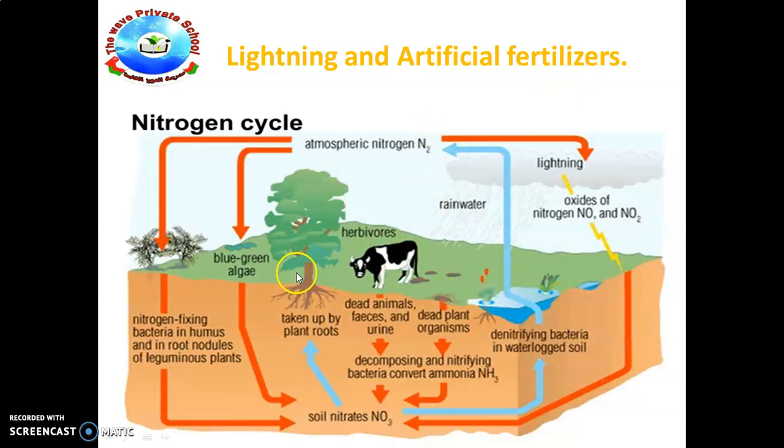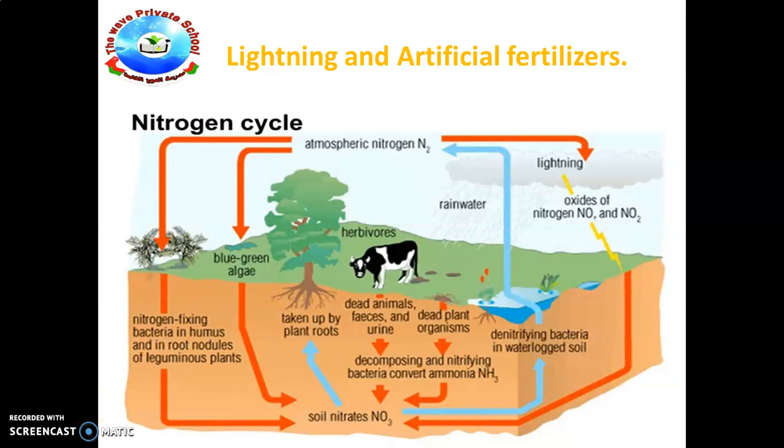For example, the waste material from animals, the dead animals' feces and urine, and also dead plant organisms. When these animals or plants die, bacteria and fungi decompose the body.